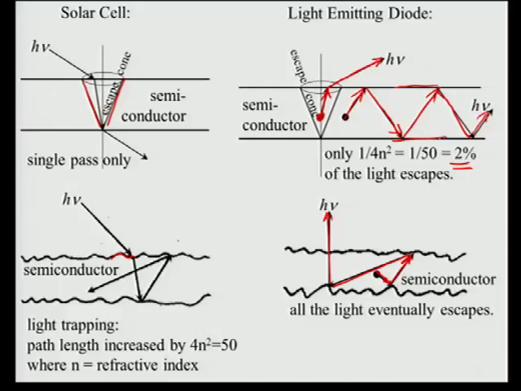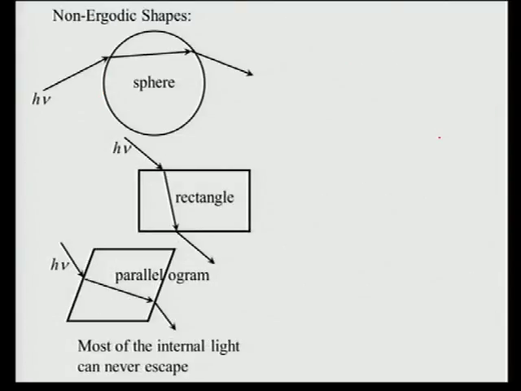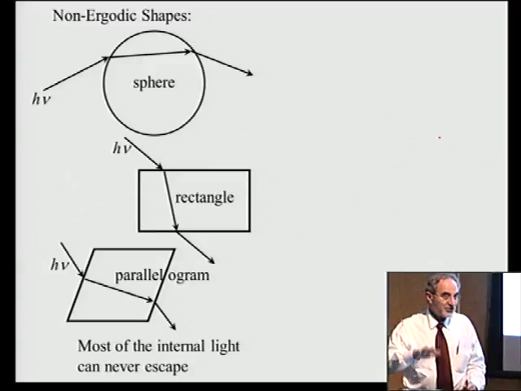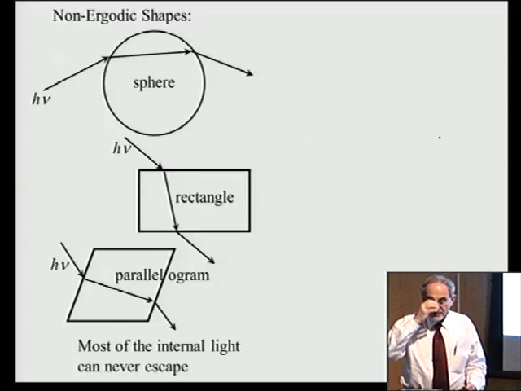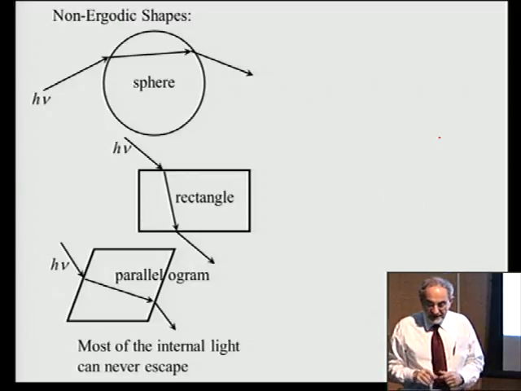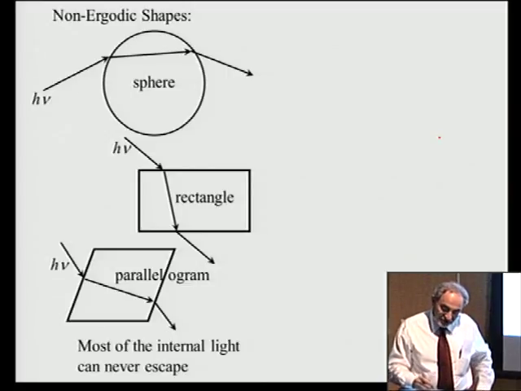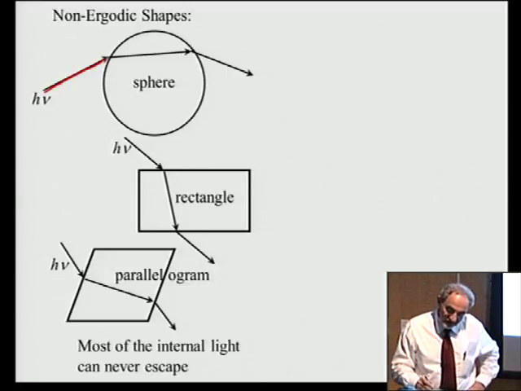So this gets us into the area of geometry, of geometrical shapes. And so I'm going to teach something in this slide that goes back to kindergarten. In kindergarten, you're supposed to learn about shapes. But there are different categories of shapes, and some of them behave very differently from others. Now imagine you have a light ray hitting a sphere.